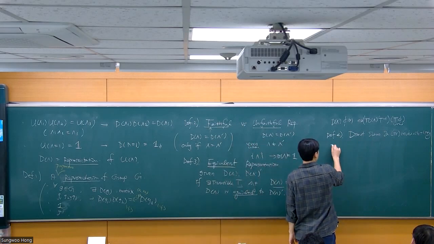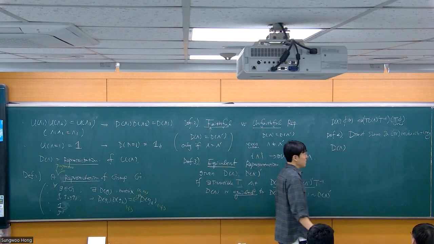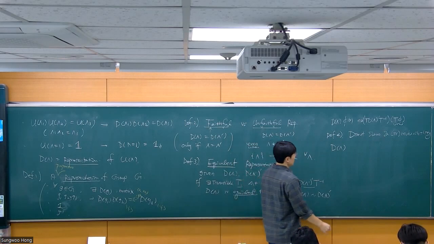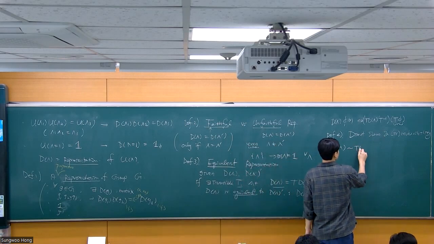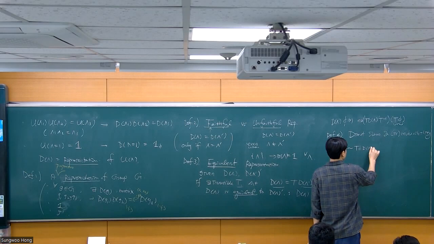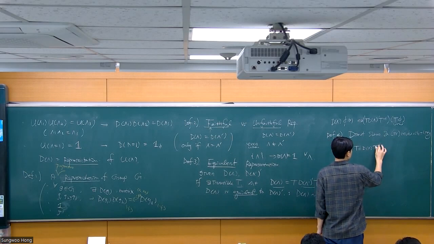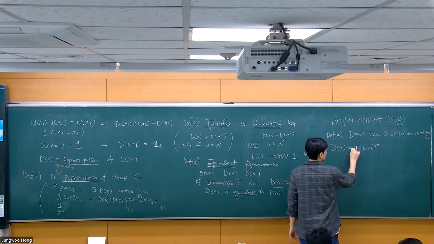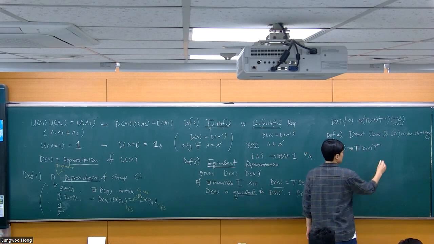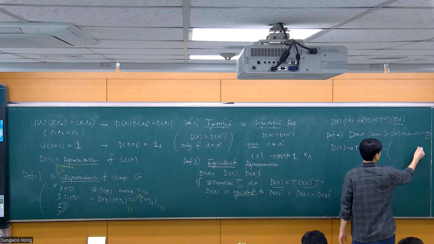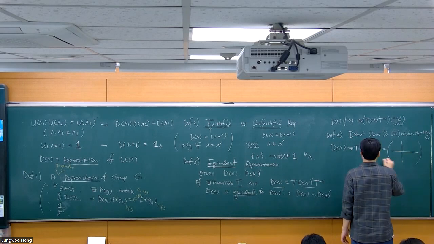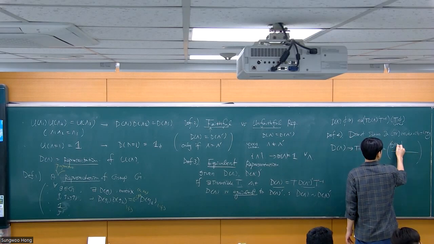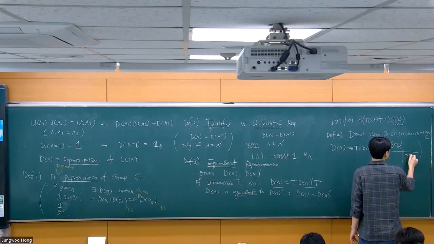Suppose I am given a D of lambda, and then suppose this is equivalent to a slightly different representation. It doesn't matter. Suppose I take that and do some proper similarity transformation in such a way that in that basis, this thing can be written as this block diagonal.